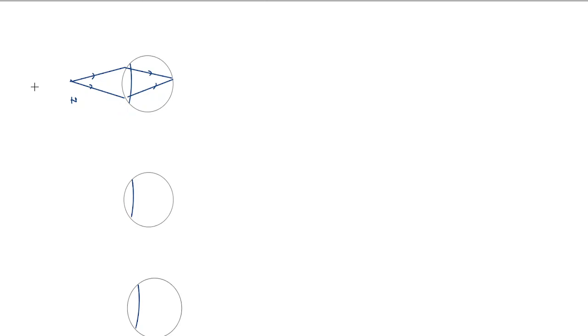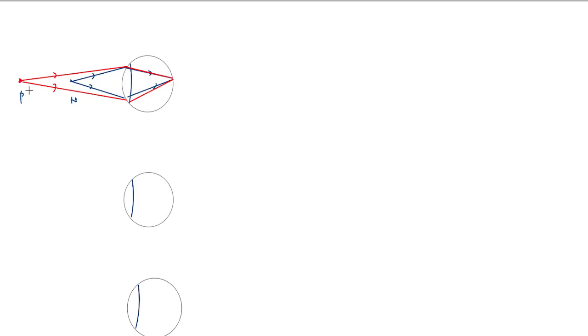Now let us assume that this is a point, say point P, up to which the person can see, which means light from here also falls on the lens and converges on the retina somewhere like this. So the person can see between the points N to P.